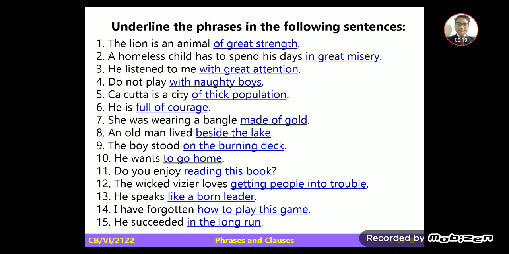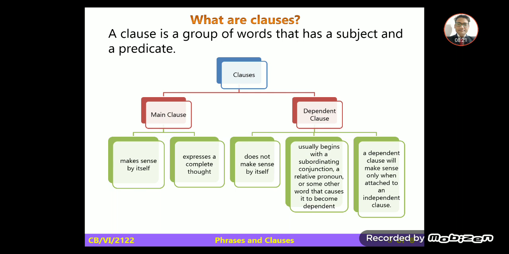Now we will study clauses. A clause is a group of words that has a subject and a predicate. So let me explain the definition of a clause. What is the definition of a clause? A clause is a group of words that contains a subject and a predicate, and it makes a meaningful sentence.